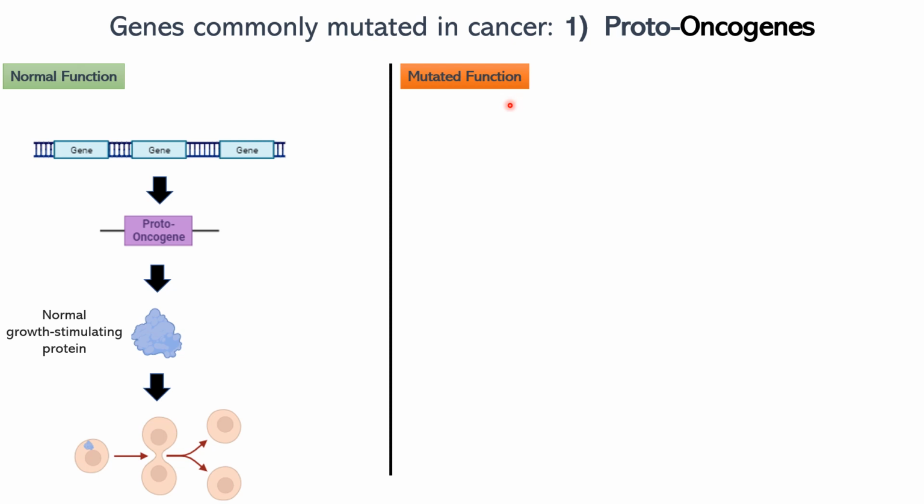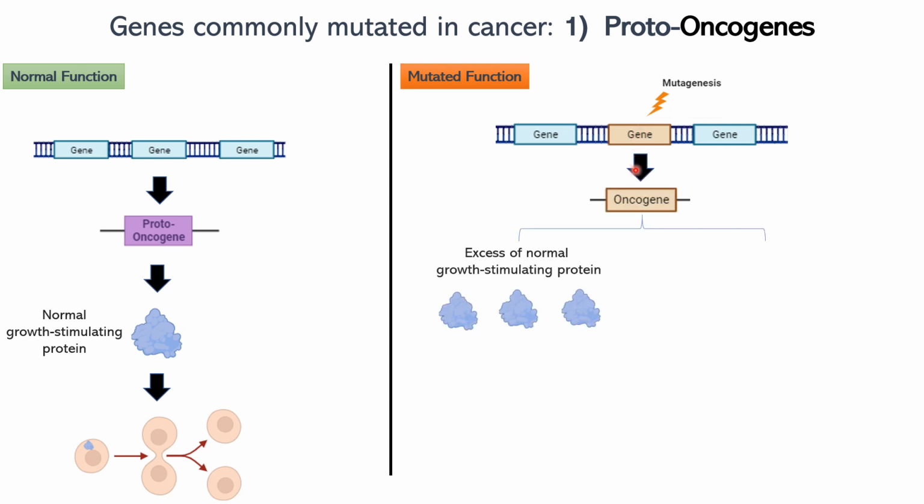First of all, mutagens, including factors like alcohol and cigarettes, might induce DNA damage within the gene, and this will make the gene become an oncogene. The name proto-oncogene refers to the healthy gene, and oncogene refers to the mutated cancerous gene.